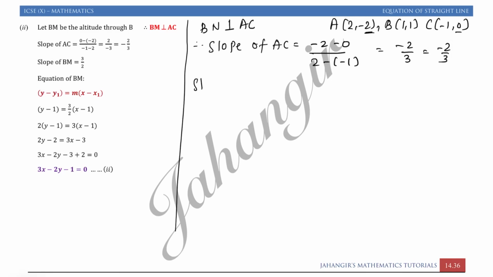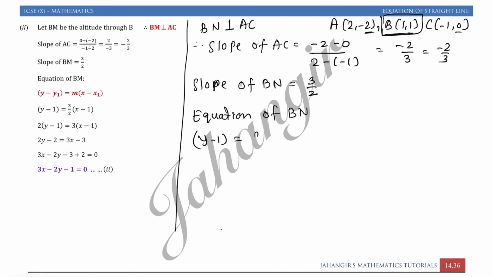Now slope of BN, its negative reciprocal, so it will become 3 by 2, and since BN passes through B, its passing point will be 1 comma 1. So we can say equation of BN, y minus 1 is equal to 3 by 2 into x minus 1.